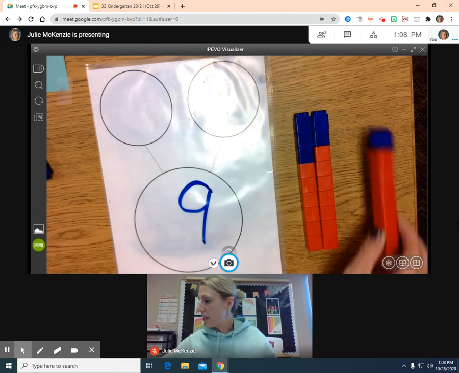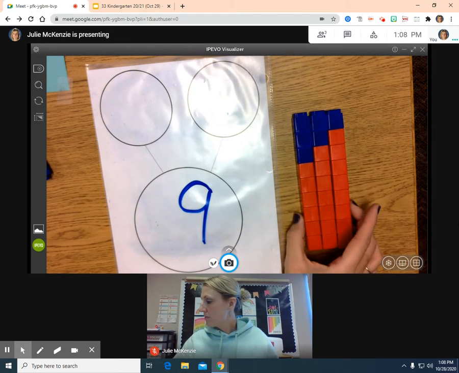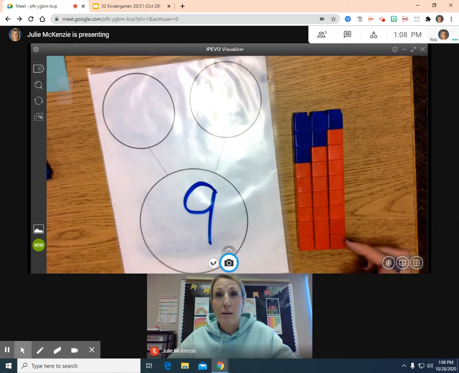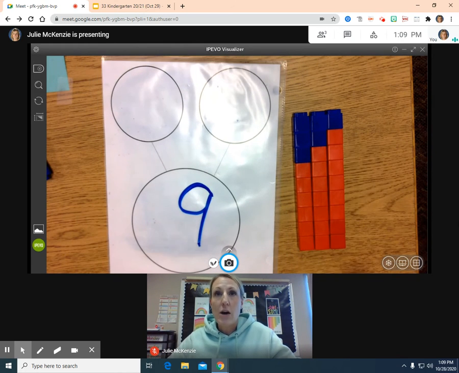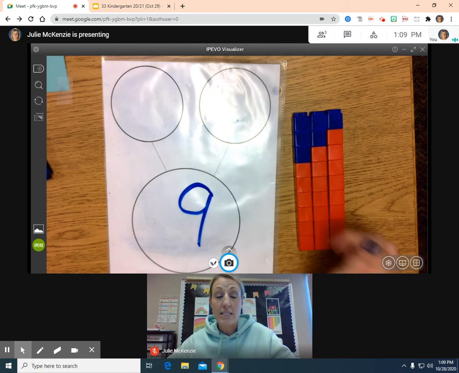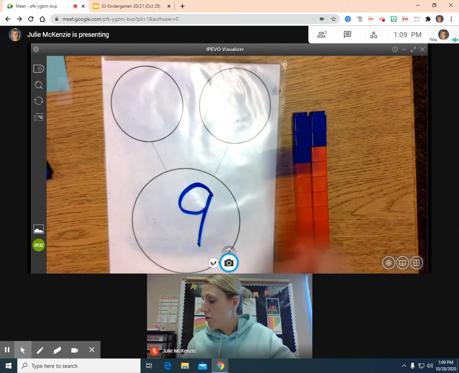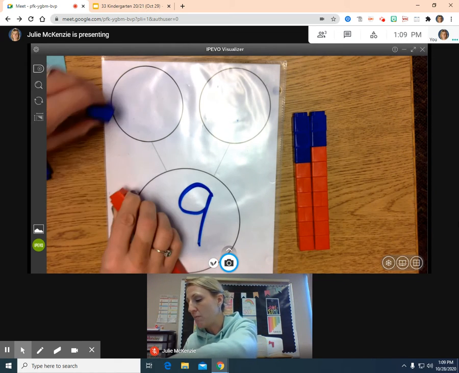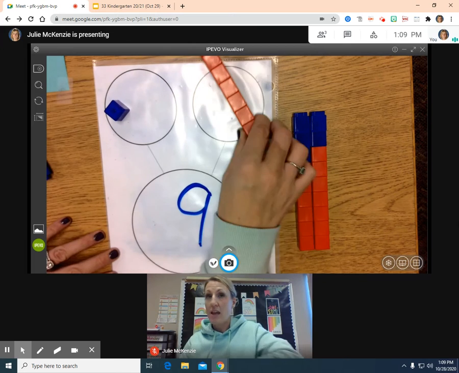What if I do it like this? If you see, I have 9 again. My block tower is the same height. You can tell there's still 9. Each of these rows has the same amount. So if my whole group is 9 and I break it apart differently, I can put 1 over here and the rest over here.